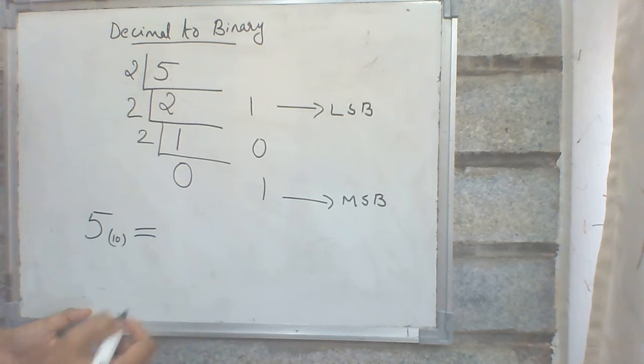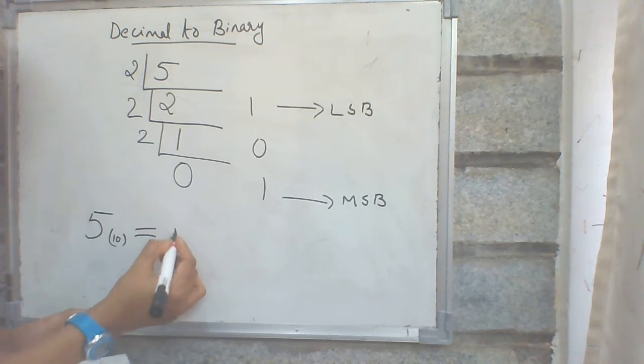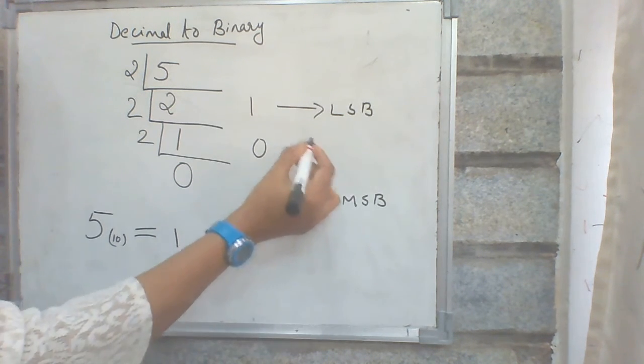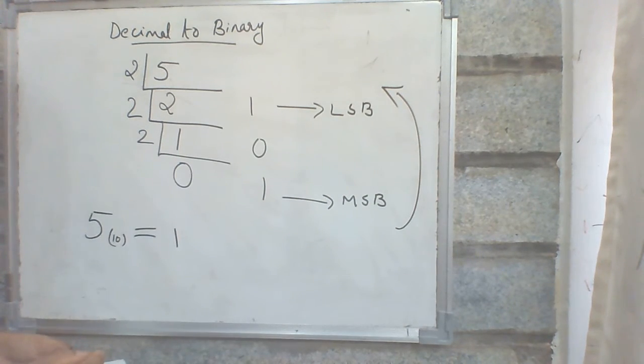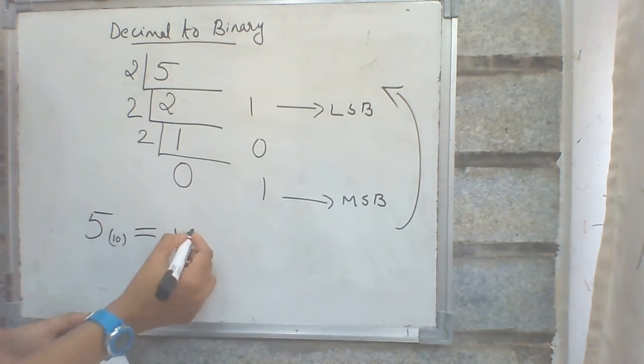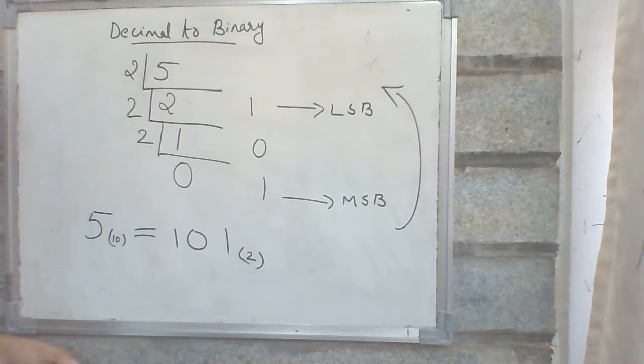The leftmost bit is the MSB, which is 1. Next, from down to up we need to write. Then the answer is 101, base radix 2. This is the binary conversion.